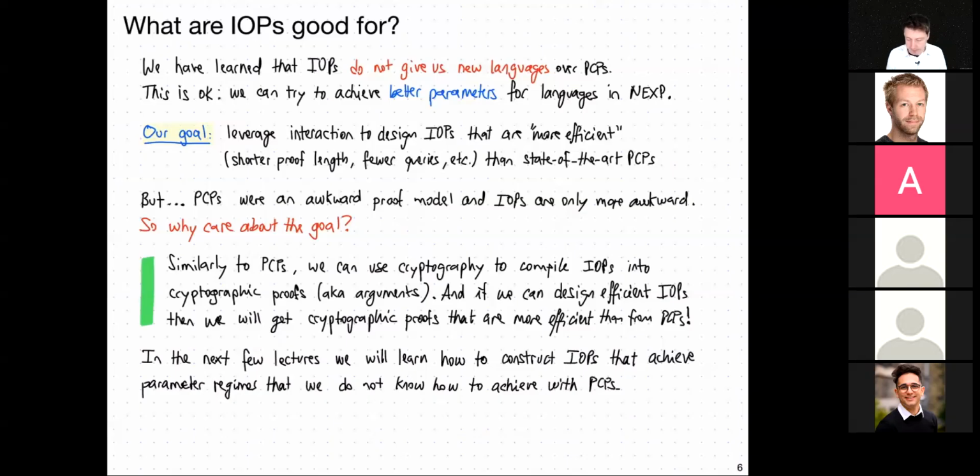I have a question. Yeah. So when PCPs were designed, they weren't designed with compiling them later to a cryptographic protocol in mind, right? But not really. Actually, PCPs were first designed as standalone, and the first PCP paper by Fortnow, Levin, and Szegedy, '91, the title was something like checking computations in polylogarithmic time, or something thereabouts, okay?